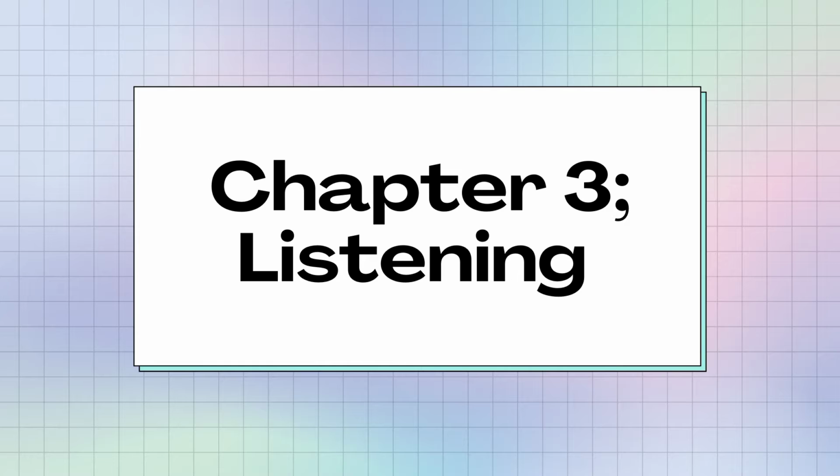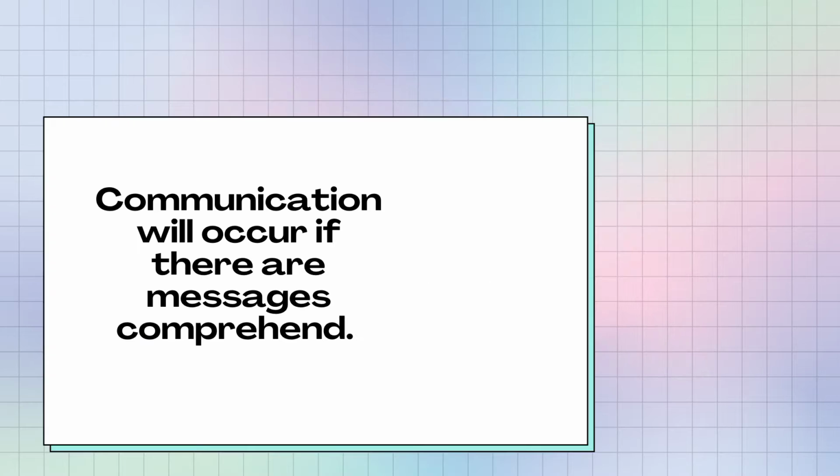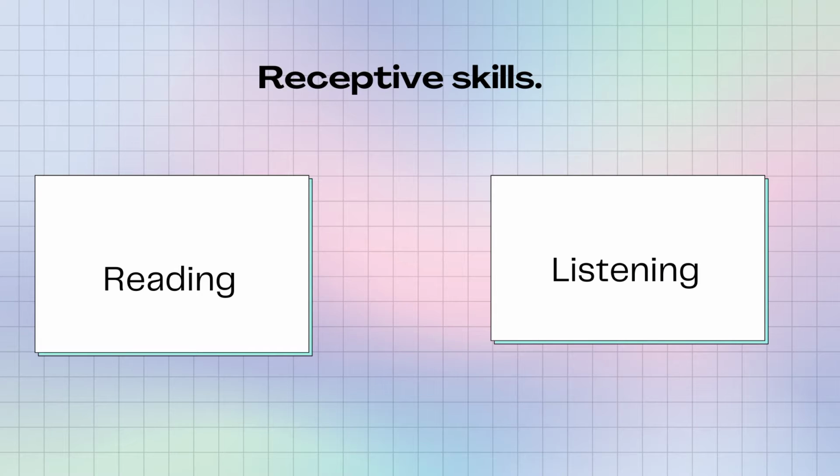And here I'm going to share about chapter 3, my understanding about listening. Communication will occur if there are messages to comprehend, whether they are oral messages or written messages. When we talk about messages or information, it is related to receptive skills.